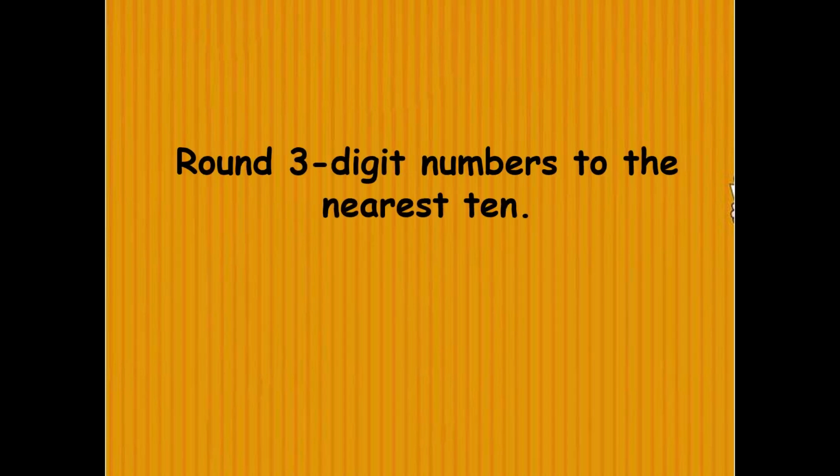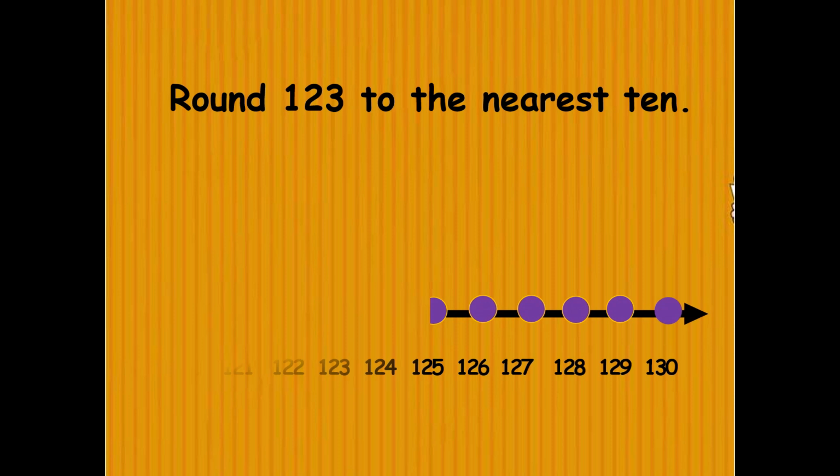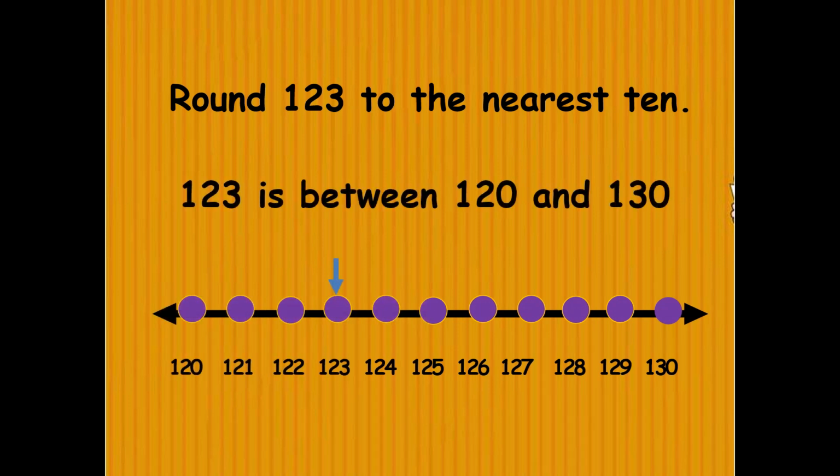This time, let's try rounding off numbers with 3 digits. Example, round 123 to the nearest 10. 123 is between 120 and 130. Using the number line, does the arrow belong to round up or round down?